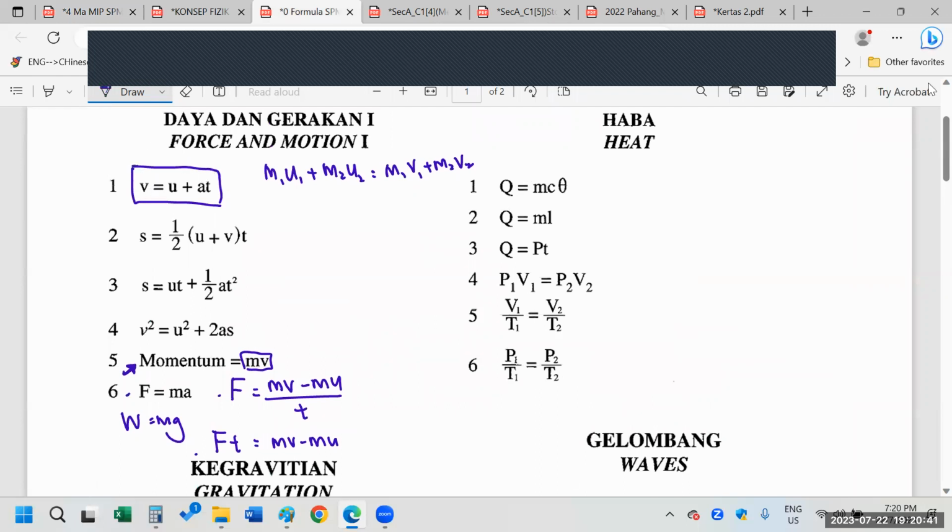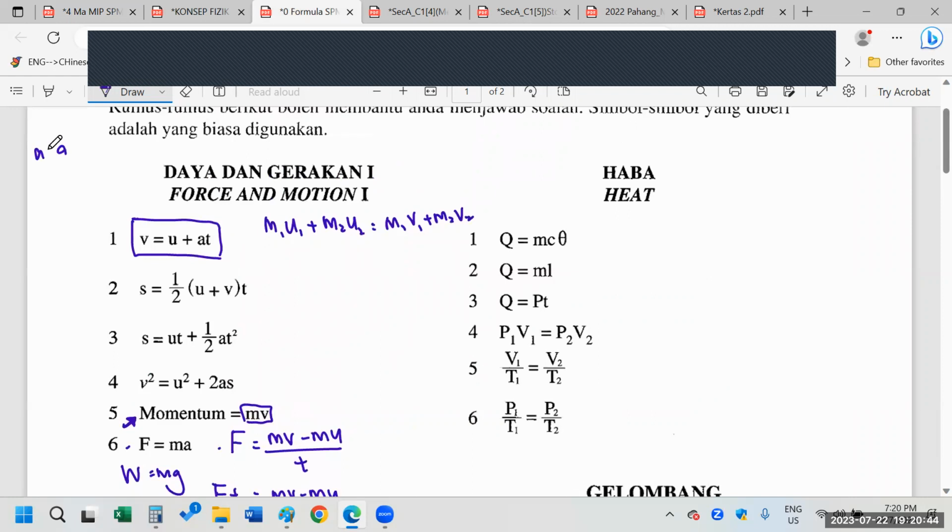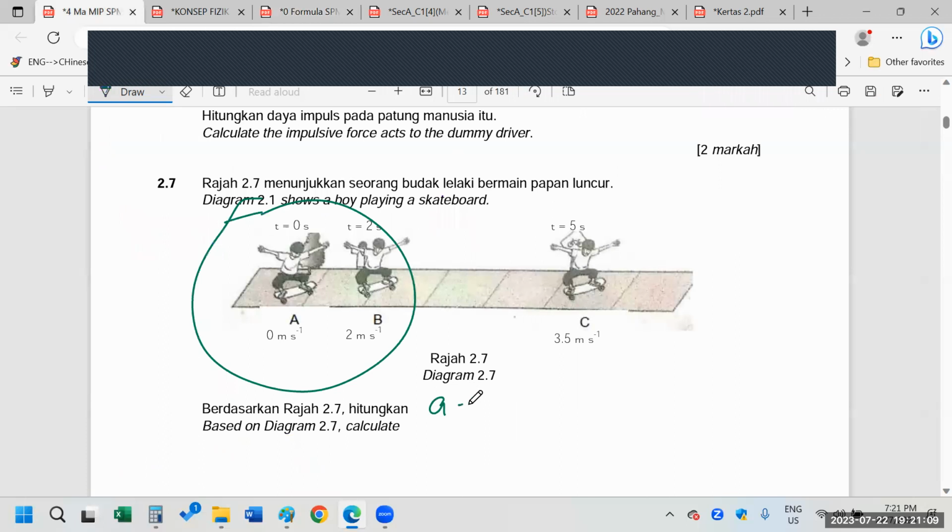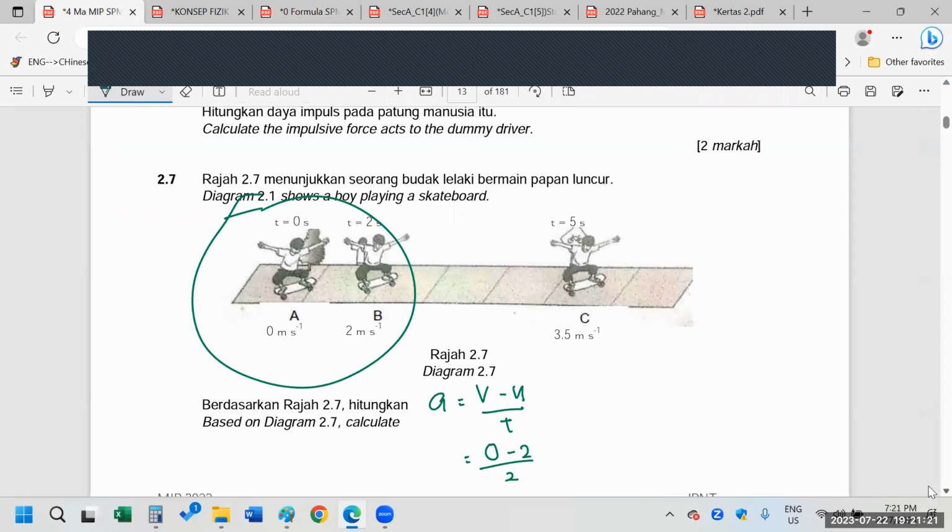You switch the place: u plus at equals v, so at equals v minus u, so a equals v minus u over t. Yes, you can derive it yourself if you forget, from the first formula. So acceleration equals v minus u over t. So v is 0, u is 2, divided by 2.